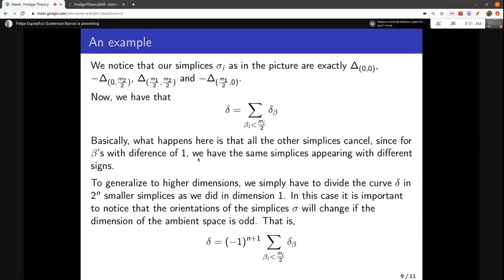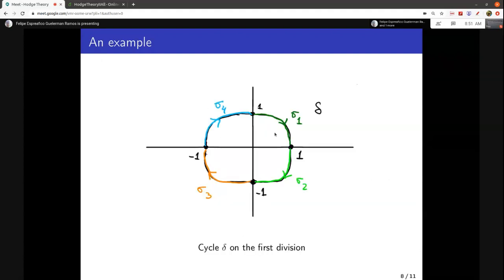Right, okay. And in higher dimensions, this was in dimension 1, but in higher dimensions we can do the same. We can divide this delta in, instead of 4 parts, 8 parts, considering the octants in R3, for example, or in 16 parts, etc., in higher dimensions, and do the same.